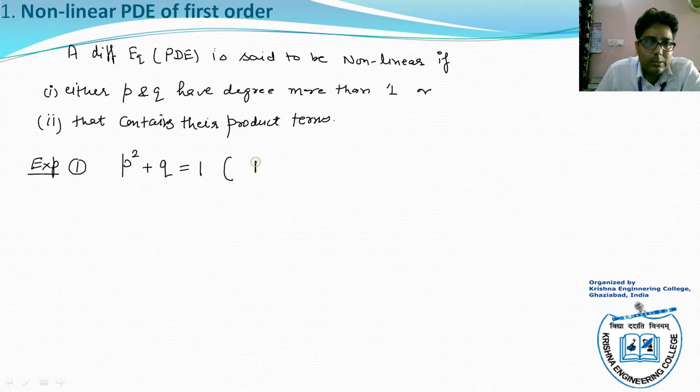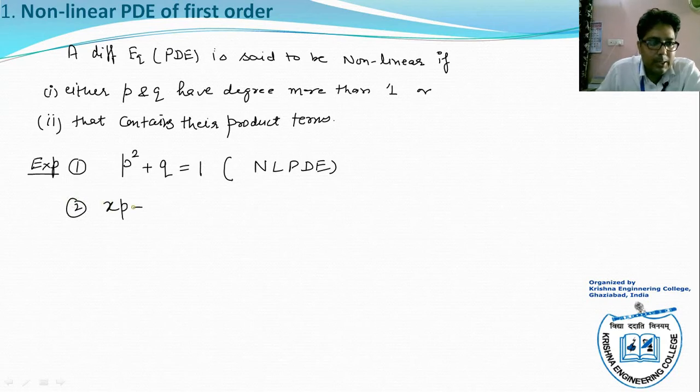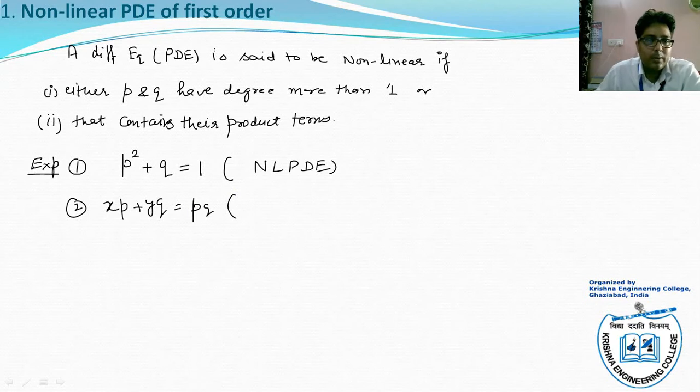Next example, xp plus yq is equal to pq. Here the power of p and q is 1, but the product term is present, so this is a non-linear partial differential equation.